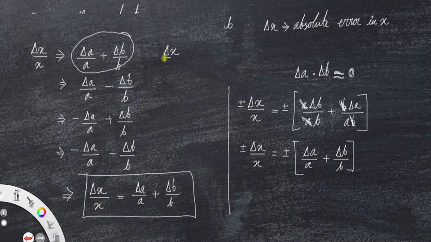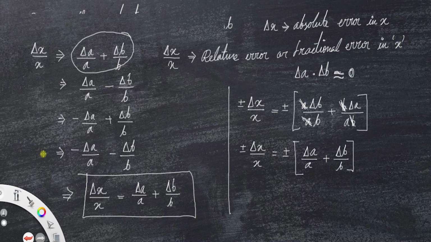That is, delta X by X is called the relative error or fractional error in the variable X. So the fractional error in X is equal to the sum of the fractional errors in A and B. Clear? Now let us consider an example.